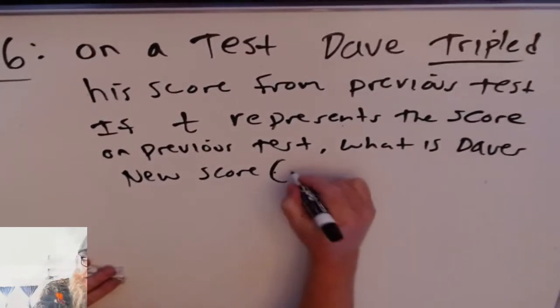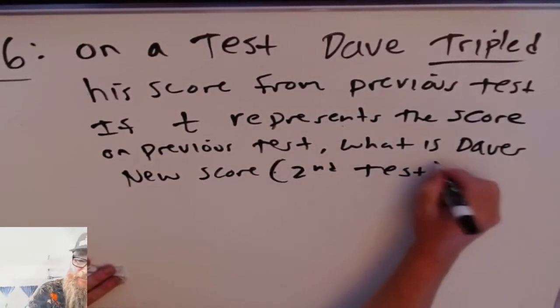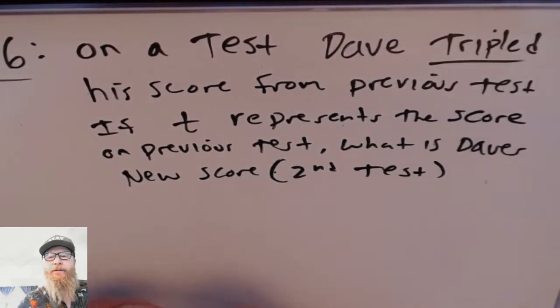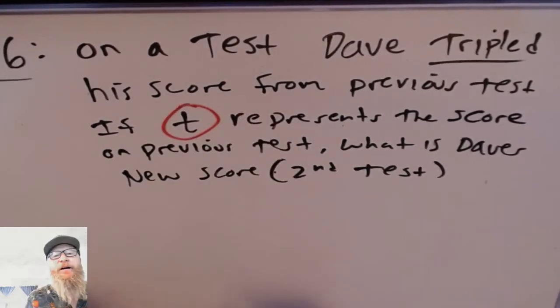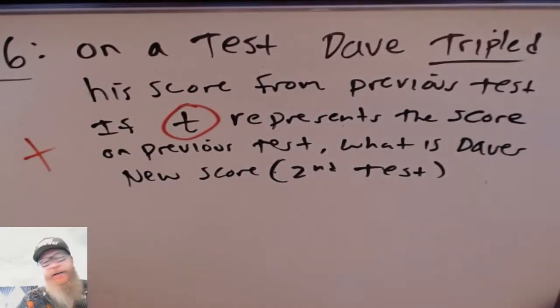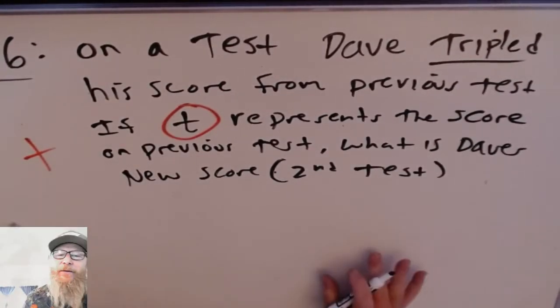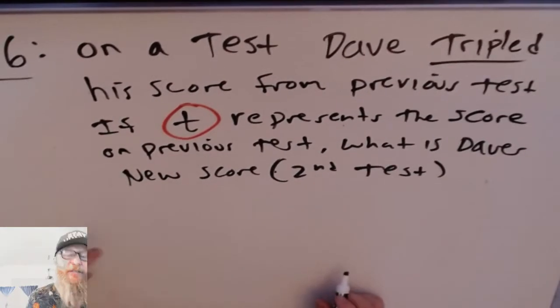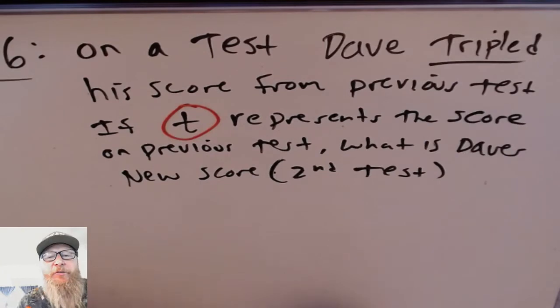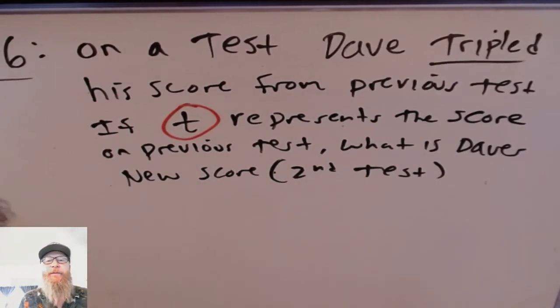In other words, on the second test. So we've got T. That's our variable, T. Notice how I write it with a little hook so it doesn't look like a plus sign. If you write your T like that, it's going to look like a plus sign, and you might get away with it once in a while, but one of these days it'll get you. So you can either do that or you can do a capital T. Fortunately for you, you're doing a lot of typing, so I wouldn't really worry about that.